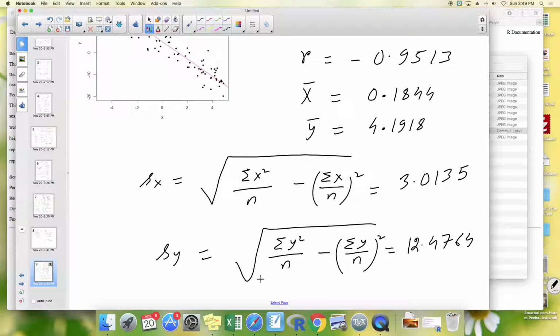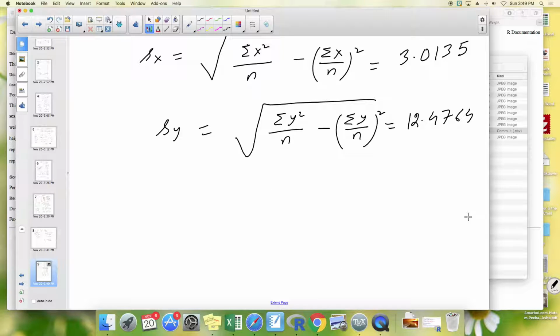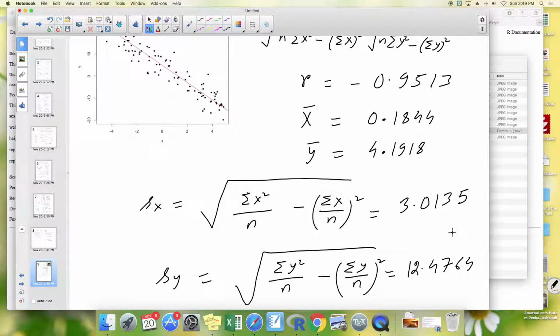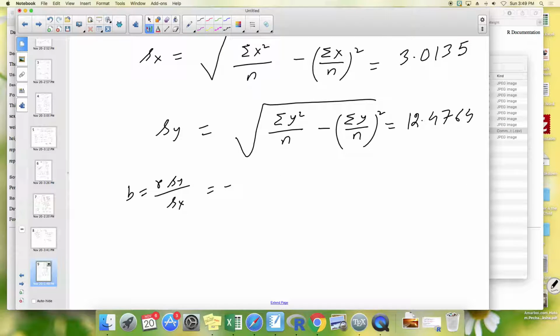Now with that done, let me find out b equals r times sy by sx, which is minus 0.9513 times sy, 12.4764, divided by sx, 3.0135.